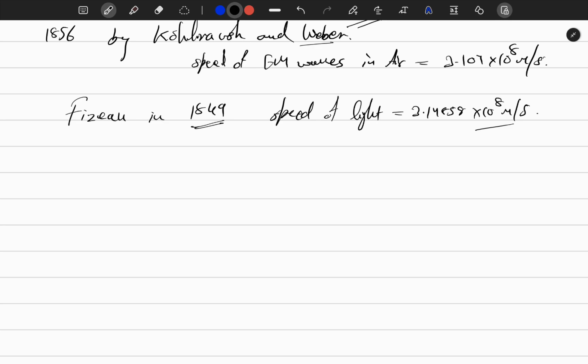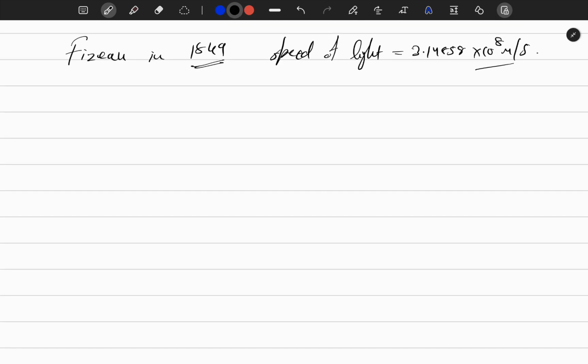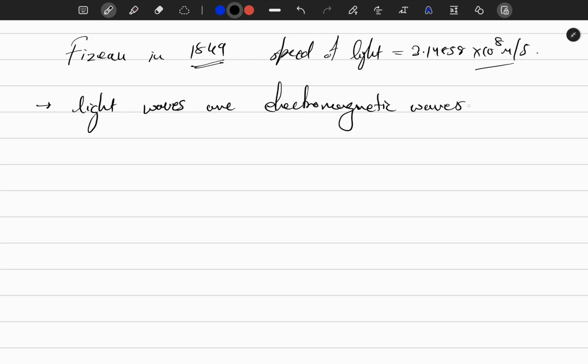From these two values that were very close to each other, Maxwell propounded his famous electromagnetic theory of light, according to which light waves are nothing but electromagnetic waves.